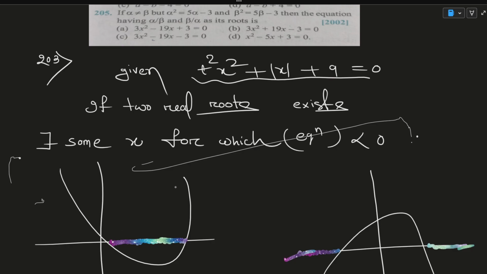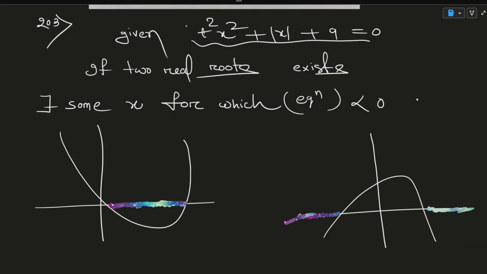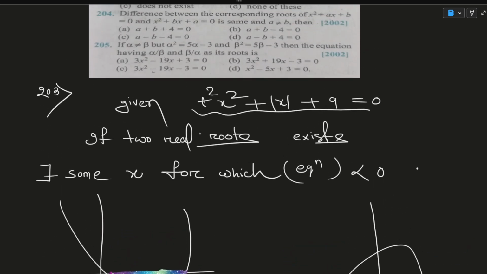But if we observe carefully the quadratic equation, there does not exist any x for which the value of this equation will be negative. If we take some positive real numbers, then this term will be positive.